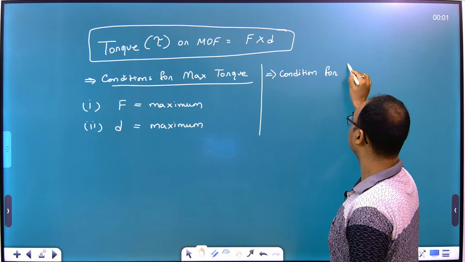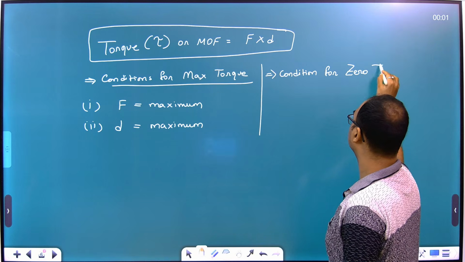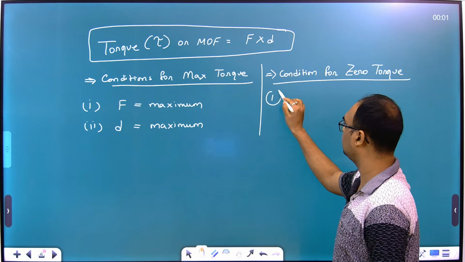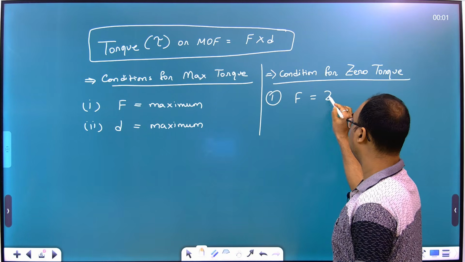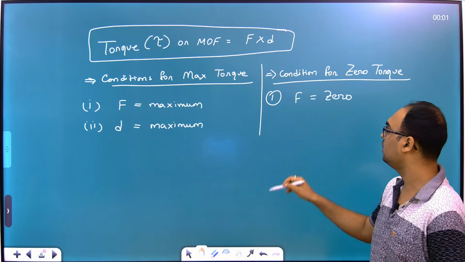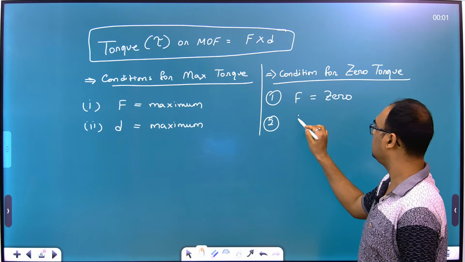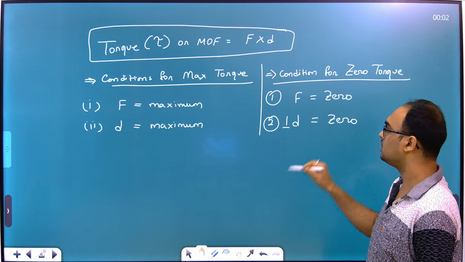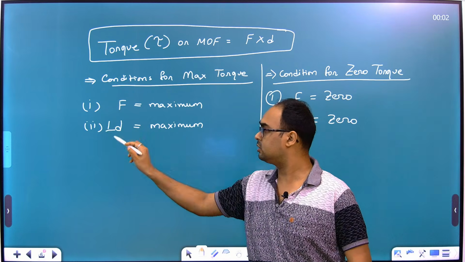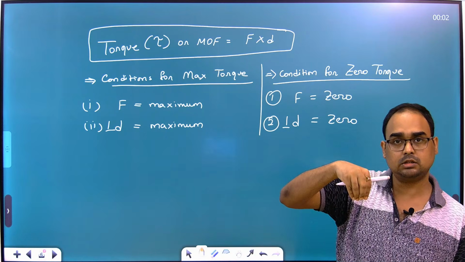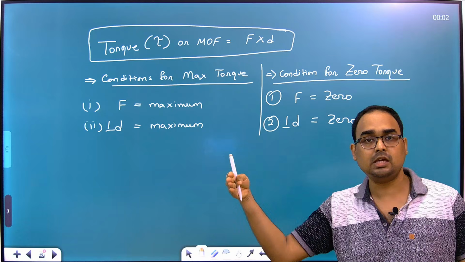for zero torque, means when there will be no moment of force. Number one, force applied 0. You have applied no force only, then how will the nut happen? Number two, distance, perpendicular distance 0, means you are applying the force but not at a farther point on the nut, or you are applying the force on the hinge of the door.